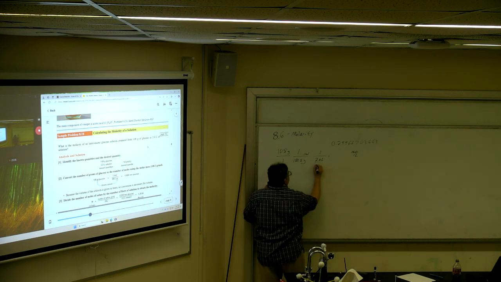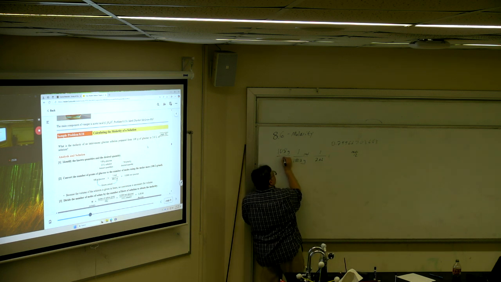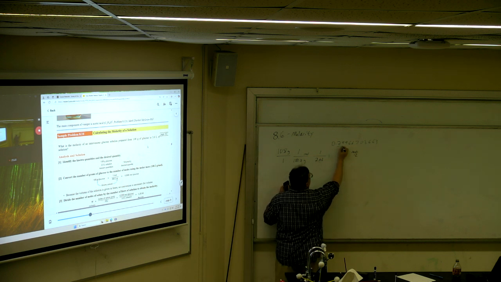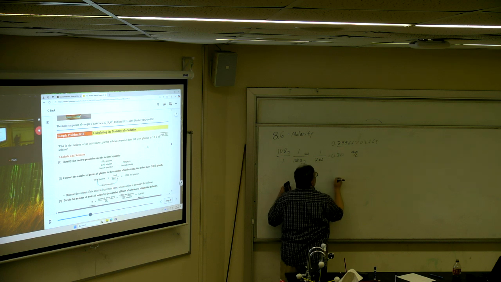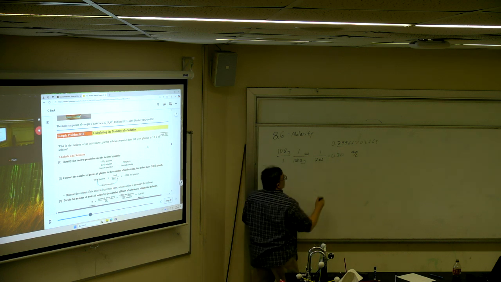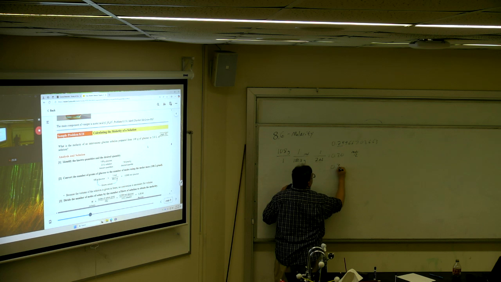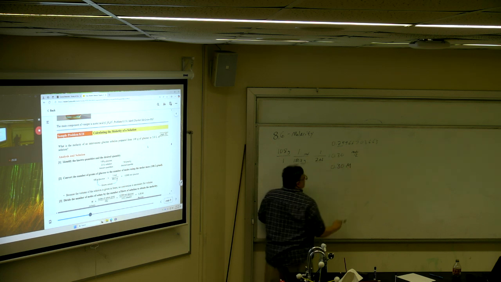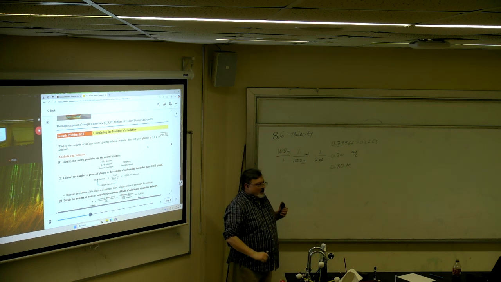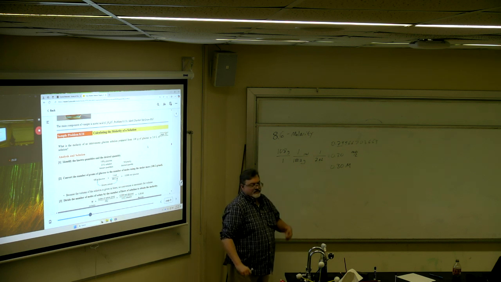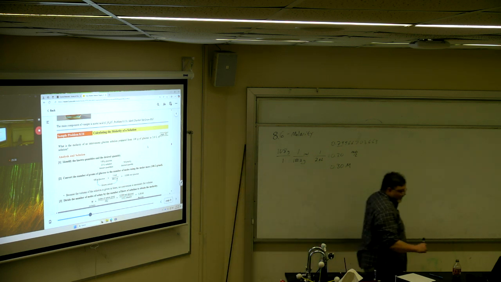But it's 2 significant figures there, 4 and 3. So I'm keeping those 2, and this 9 rounds it up, so I have to go 0.30 moles per liter. Also written this way, 0.30 molar solution, a solution with 0.30 molarity.